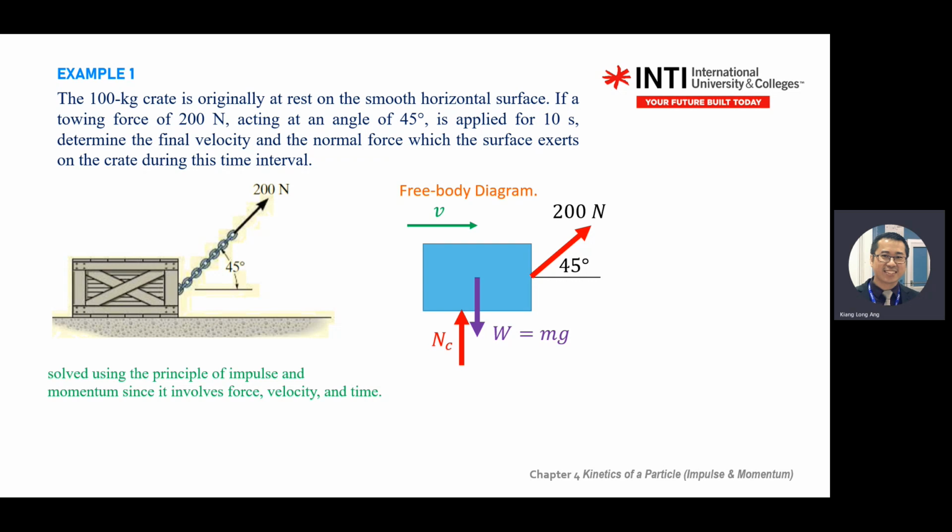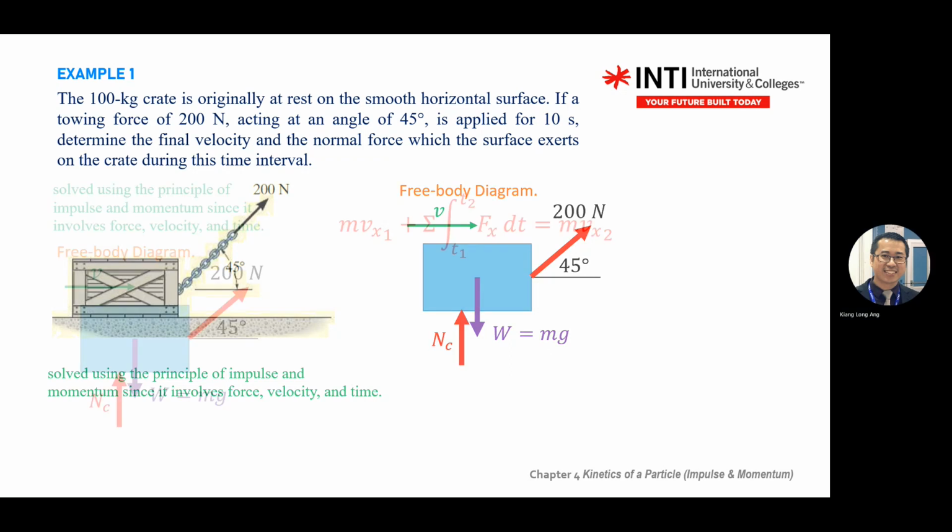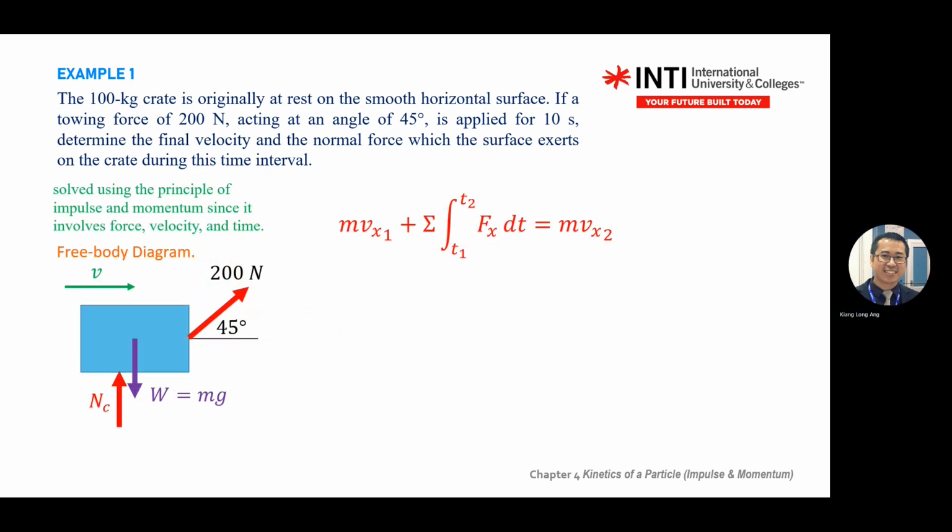Even if you put a there, it doesn't help much, unless you are doing a chapter 2 question. So you are using the principle of linear impulse and momentum, and remember, you can break it into x direction and y direction.